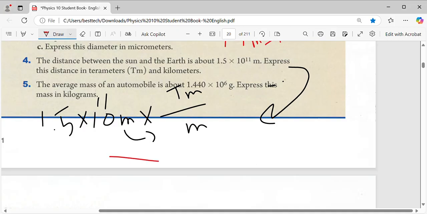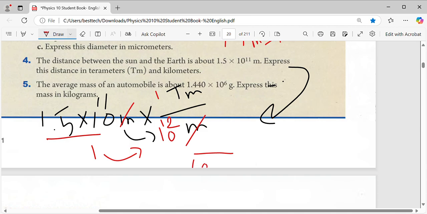Okay, make a line. Before the line, look: 1 tetra is equal to 10 power 12 meters. So the meter with the meter is going to be cancelled. The down is 1 times 10 power 12, still 10 power 12. And the up times 1 is still the same: 1.5 times 10 power 11.